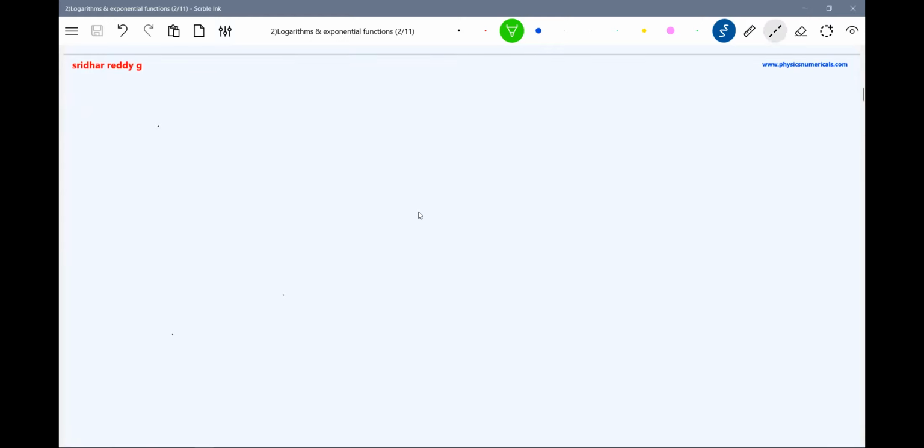Let's go for the plotting of logarithm graphs. First we'll plot the logarithms of various functions. So e to the power of x, I'll plot it. I need one more line. I'll extend this line further.